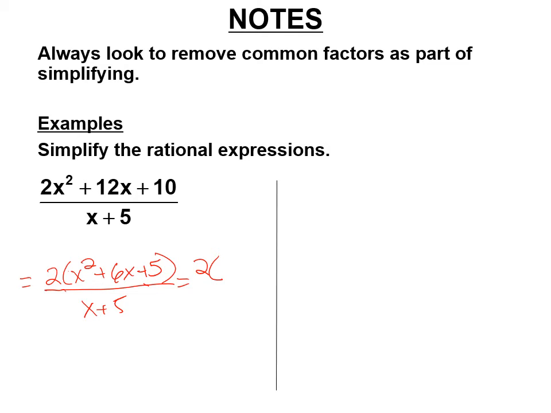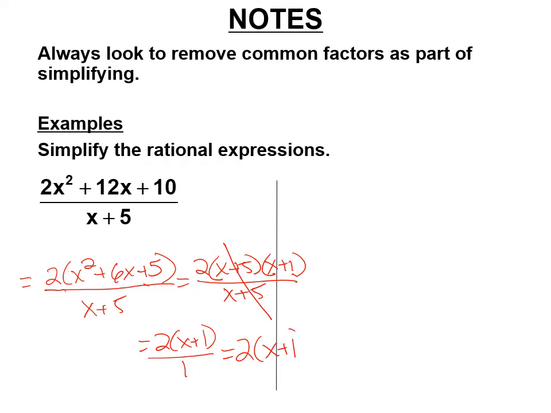So then we have a 2 times, and we're trying to get an x plus 5. What else? Do we have an x plus 1? Yes, that's what it is. So the x plus 5's cancel, and you end up with 2 times x plus 1. I'll write this out, over 1, which is 2 times x plus 1. It's true. Try another one here.